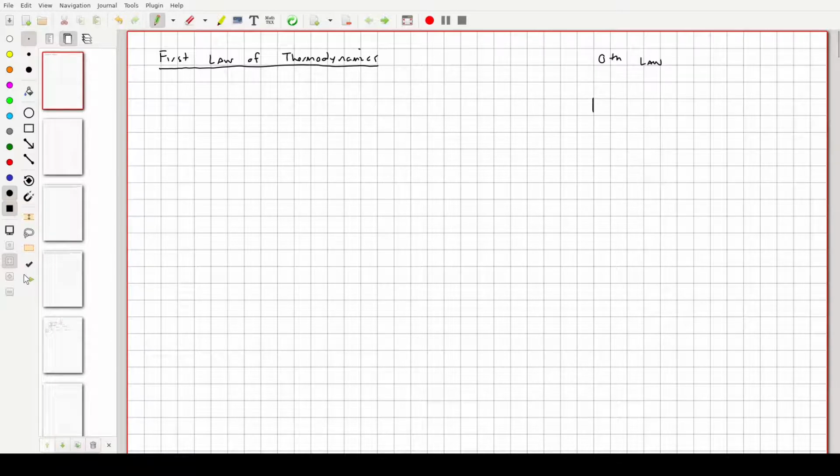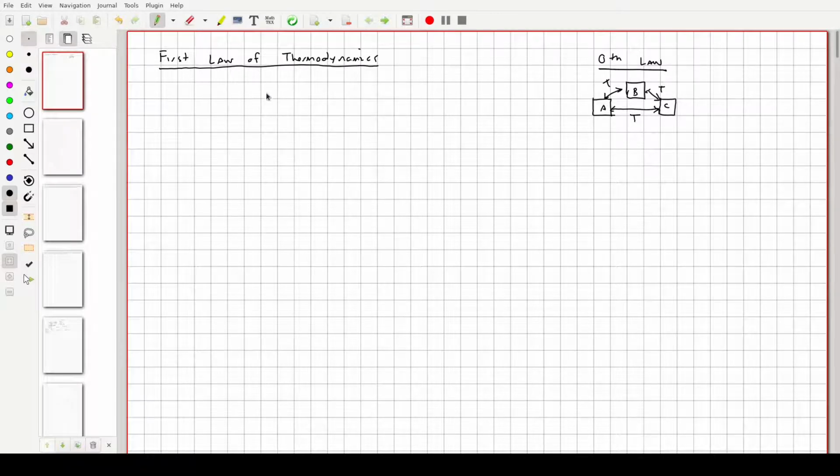So basically, it says that if you have three objects, we'll say A, B, and C, and I tell you that objects A and B have the same temperature, and I tell you that objects B and C have the same temperature, we know that means A and C are both in thermal equilibrium. They both have the same temperature as well. Okay, so that's the zeroth law.